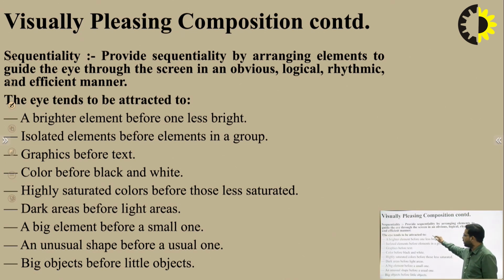The eye tends to be attracted to a brighter element, an isolated element, graphics before text, color before black and white, highly saturated color before less saturated, dark areas before light areas, a big element before a small one, and an unusual shape before the usual one. So that is how our eye is attracted.